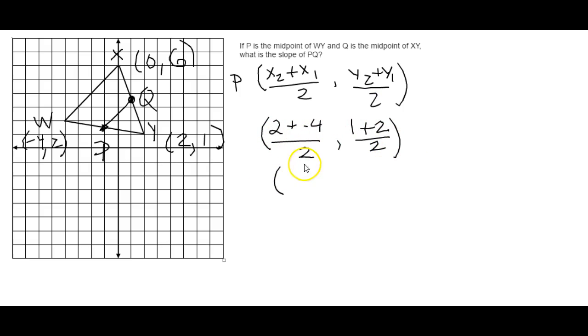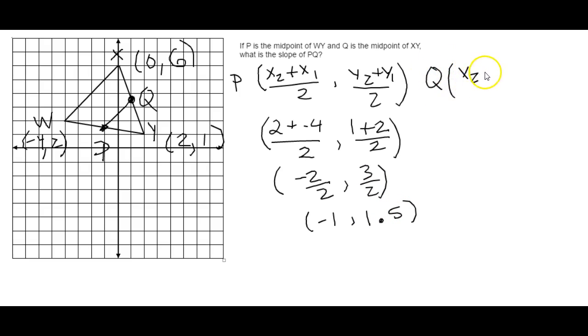So 2 plus -4 is -2. 1 plus 2 is 3. And then if we divide, -2 divided by 2 is -1. 3 divided by 2 gives us a decimal, 1.5. Now let's find Q. That is also a midpoint, but of XY.